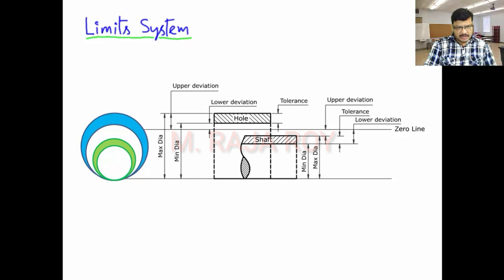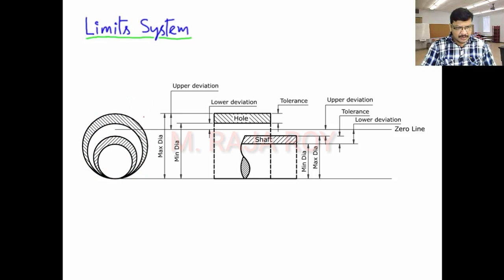Now this is the total variation of the size for hole. This is the total variation in the size for shaft. Now you can clearly understand this hatching portion is with respect to hole, this hatching portion is with respect to shaft.